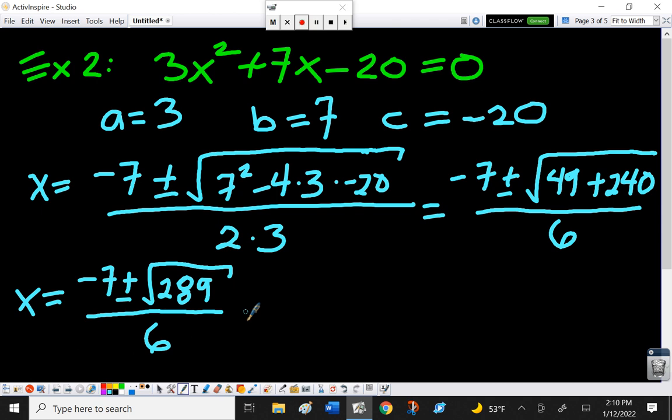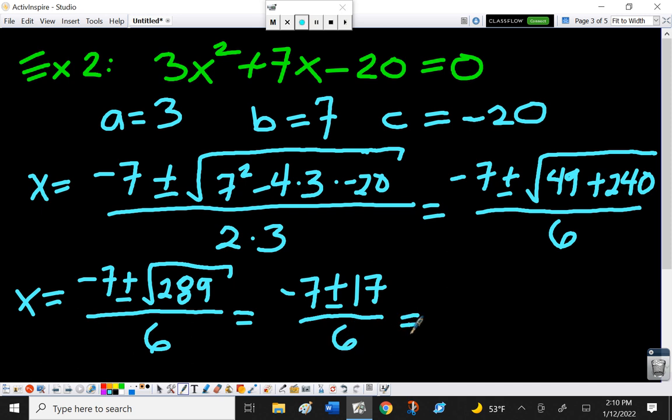Now 289 is one of those perfect squares that I told you to please memorize, because you're going to use it over and over again by the time you leave high school. And it is plus or minus 17. The square root of 289 is 17. And that's going to be over 6.